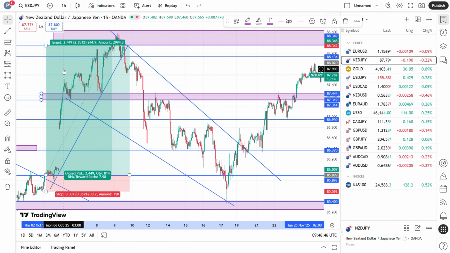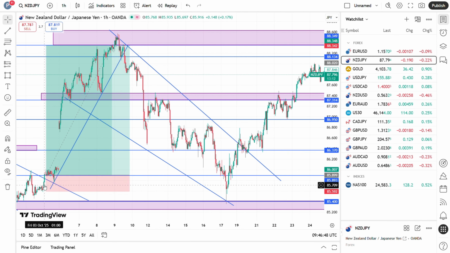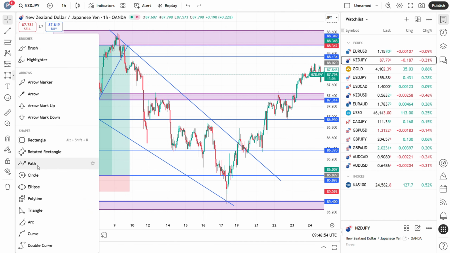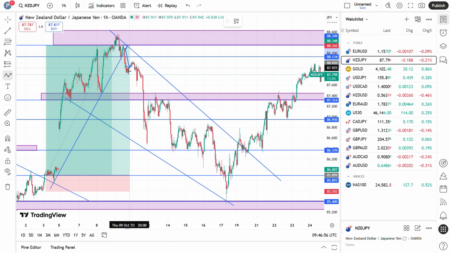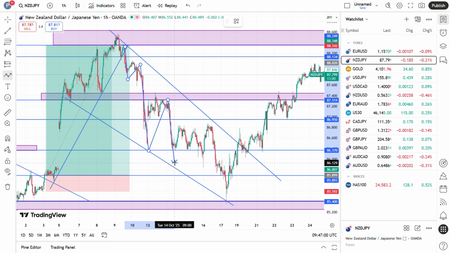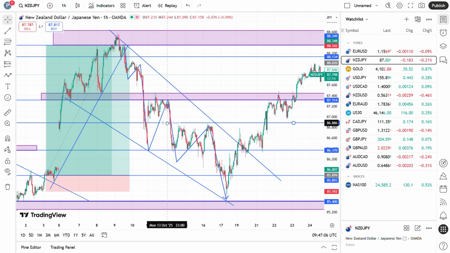As you can see, over here the market was also downtrending. It was trending towards the downside, creating lower highs and lower lows, and immediately after it broke out of the downtrend, the market started trending towards the upside.